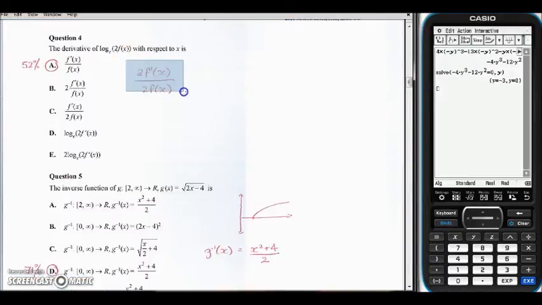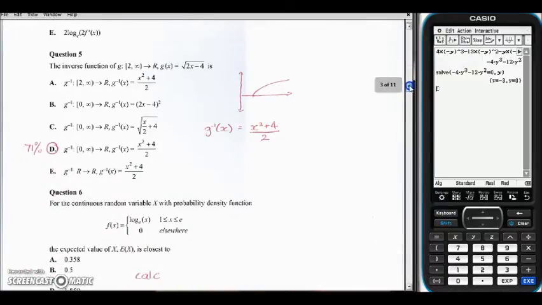So it's kind of hard to picture without using a function for f(x), but you could actually do that. Just let f(x) be x squared or something like that and see what you get. But you get this, and those 2's are going to cancel, so leaving you with f dash of x over f of x, which is A. So 52% got that right.